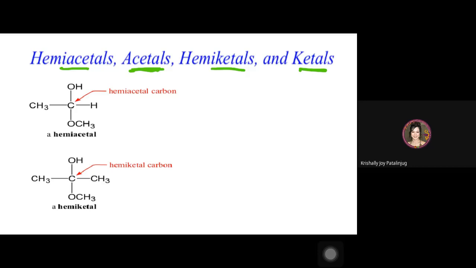So, kung hemi, dapat naa OH. Given nga naa kay nakita OH, on that carbon kung asa naka-attach ang OH, dapat naa OR pod. Okay, what if naa ay OH pero ang OR kay naa sa pikas nga carbon? That is none of the above.